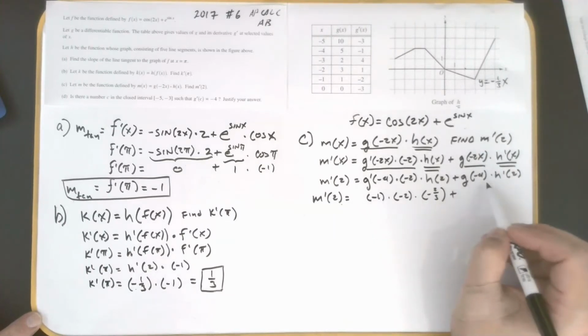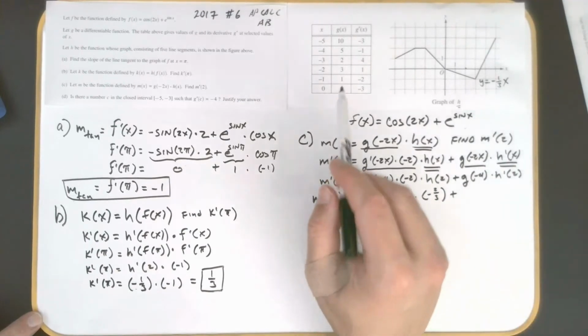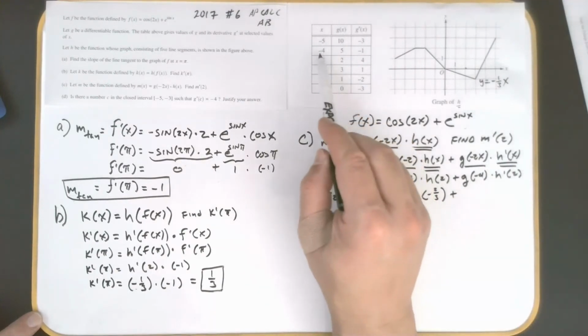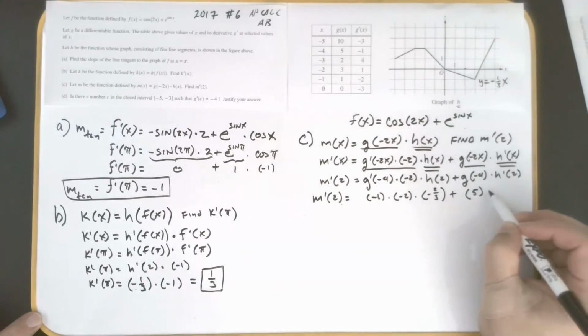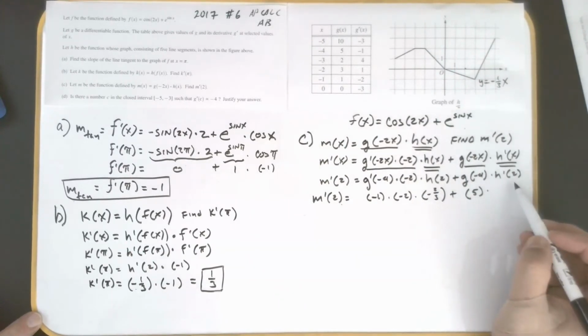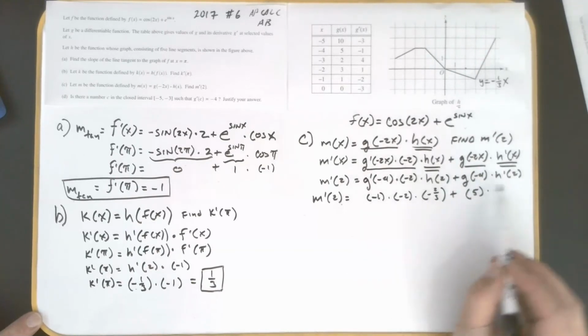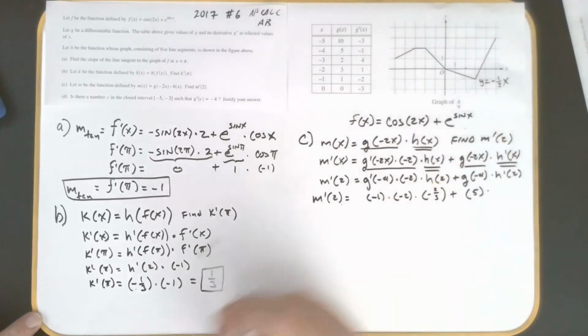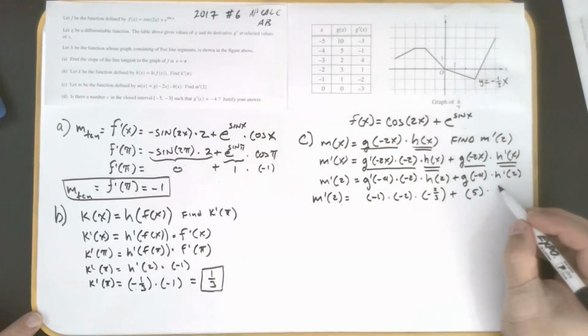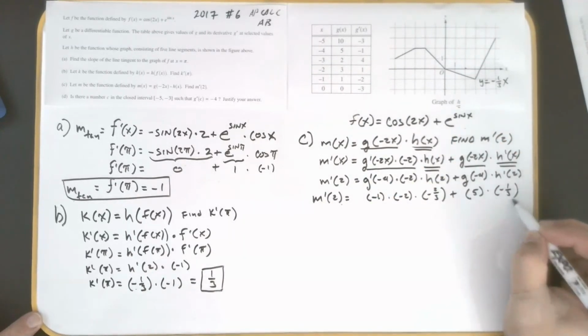Okay, and now g of negative 4. We're back to the chart, and we say g of negative 4, that's the g column, so that's going to give us 5. And then now it's h prime of 2. Now remember, the primes are switching here because we're doing the product rule. So h prime of 2, that was the derivative there that we used over here, and that's going to be negative 1/3.